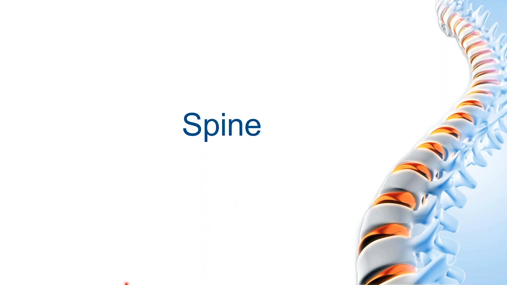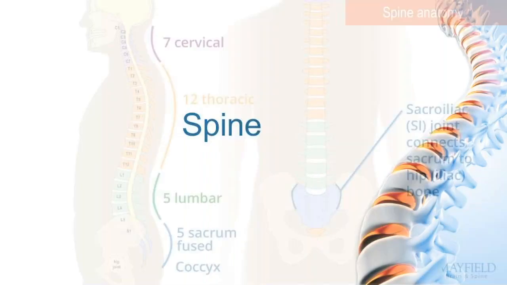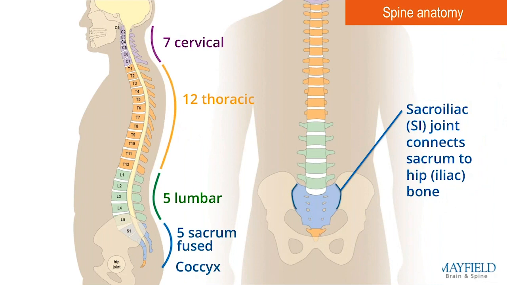All right, so let's move on to spine. This is a view of our spine from the side. The spine is formed from 33 bones called vertebra, and it's divided into 5 regions. The regions are kind of determined by their function. Up in the top, we have 7 cervical vertebrae in the neck, and those are very small for maximum flexibility of your neck.